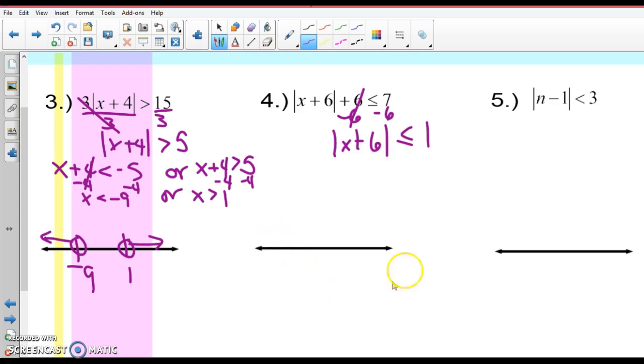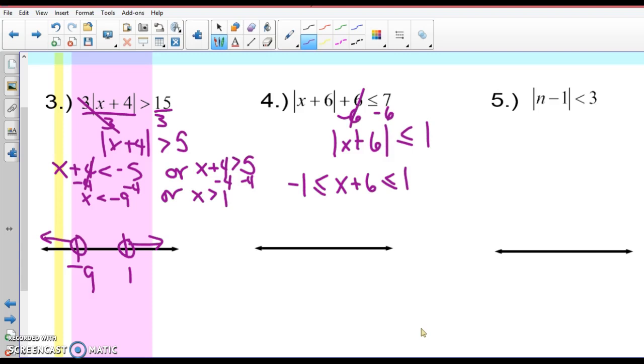No, what goes first? Small one. Not positive 1. Negative 1. Less than or equal to x plus 6, and that's less than or equal to 1. It goes in. Right? So, start with the small end, which will be negative 1.